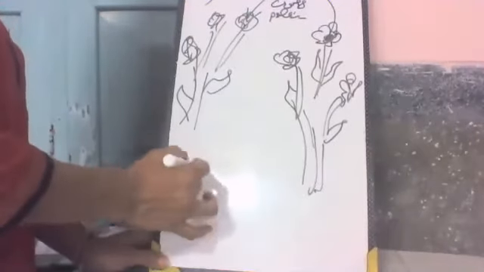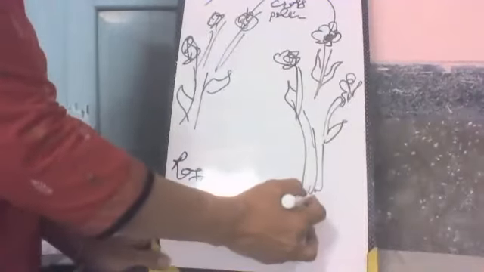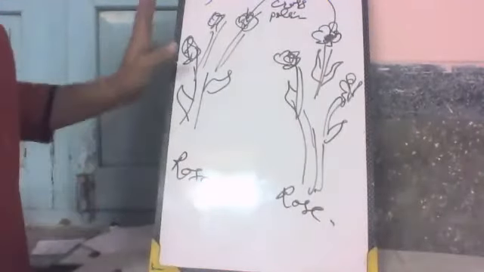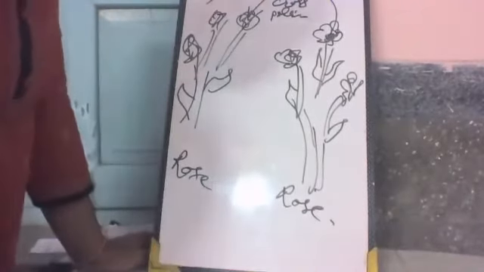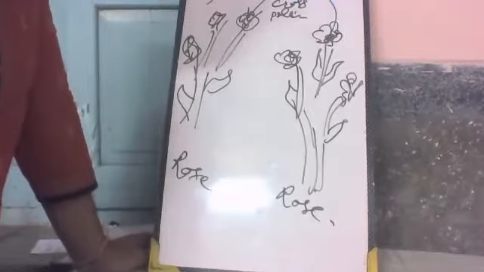If it is a rose, then it would also be a rose of the same species. This is the process of cross-pollination.